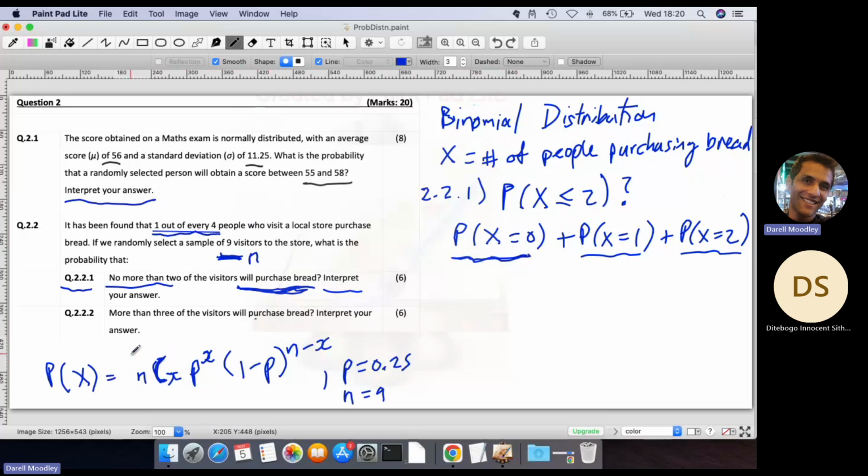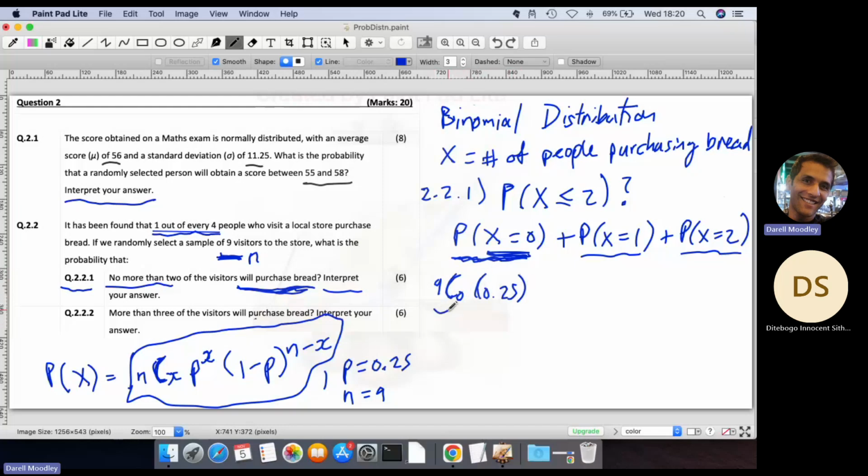So we're going to use this equation for that. We work out this value using that equation. So we're going to substitute 9 for the value n, which is 9. C, and now x is 0. Okay, so 9C0 times p, which is 0.25.